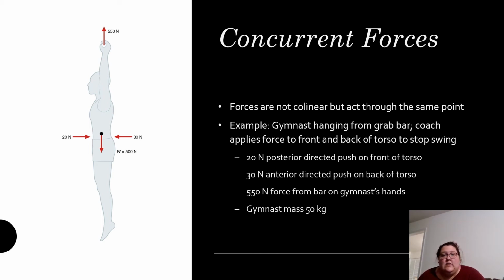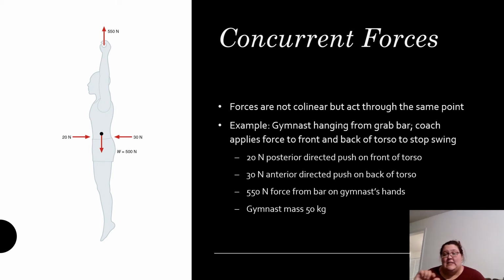All right. So what we have going on here is we're still working at the center of mass, but we have somebody who is hanging, and they're going back and forth like this. They're swinging. So if I apply the right amount of force, I can prevent the back swing and the front swing, and I can make somebody static. These are not going in the direction of the force of gravity, up and down. They are going side to side.